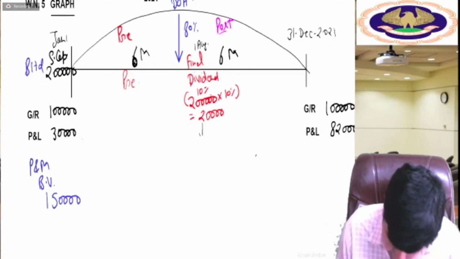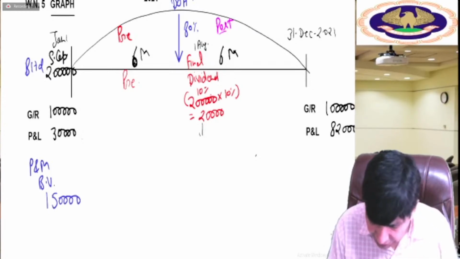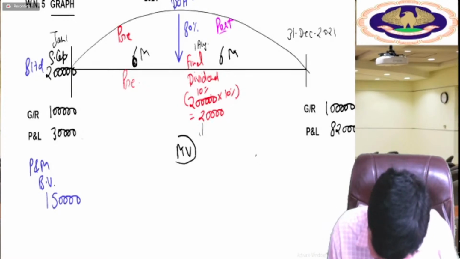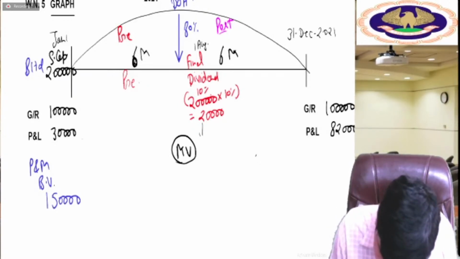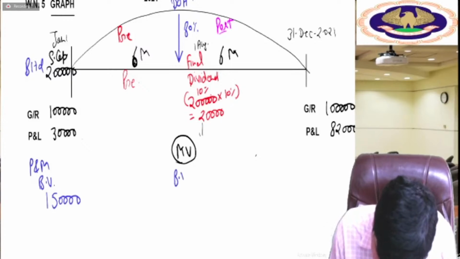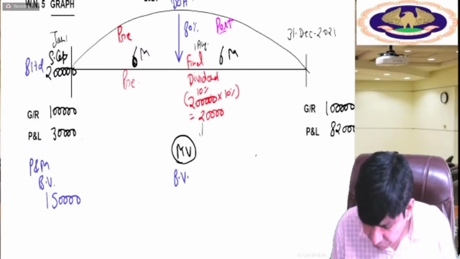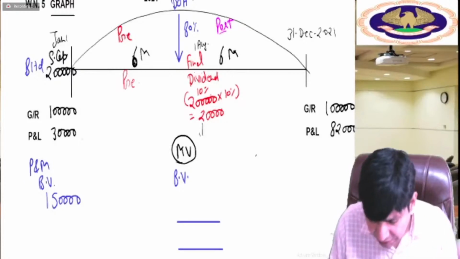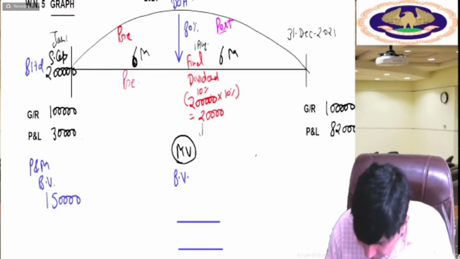But we have to check the market value on the date of acquisition. We have to compare the book value with the market value, and if there is any difference, only then there will be either capital profit or loss, that is revaluation profit or loss.